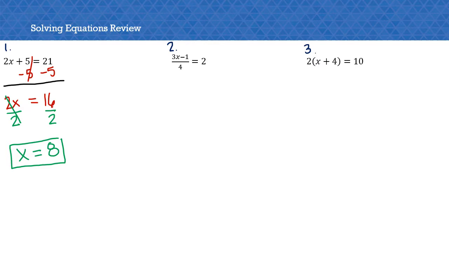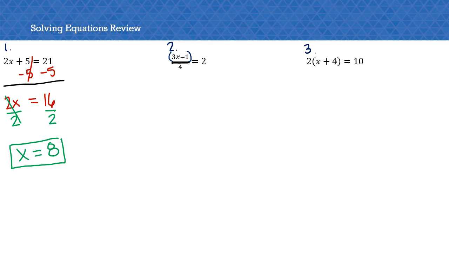For number 2, we have 3x minus 1, all divided by 4, equals 2. So when we have this situation here, remember we want to treat this division bar as going over the whole thing. So we think of the numerator as parentheses.